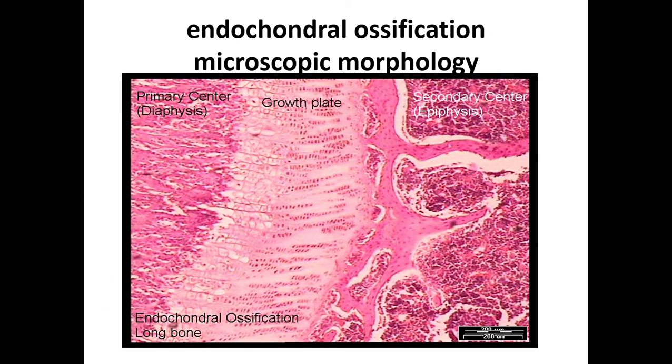So in this illustration, we have the diaphysis wherein the primary center of ossification is involved, and in the epiphysis we have the secondary center of ossification. In between the two we have the growth plate. In the growth plate, it is here where the different zones are formed, or the different changes of the cells from cartilage to bone cells.